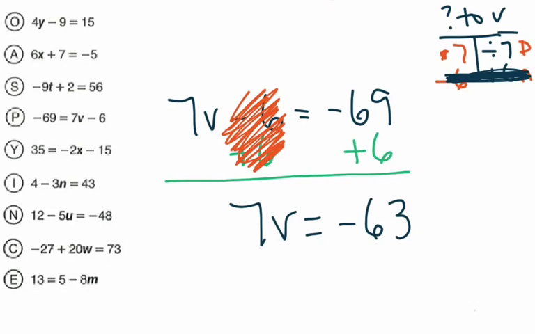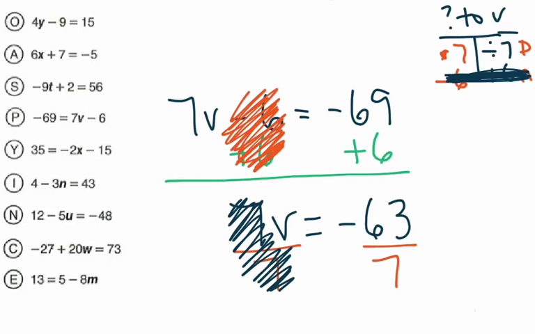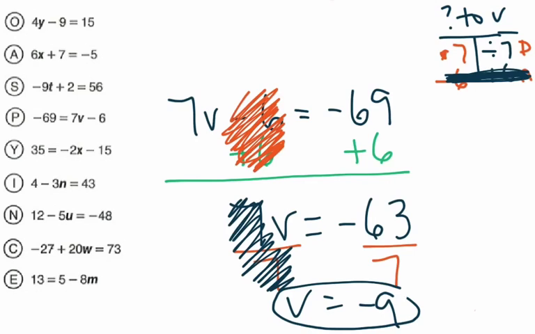Now I only have the 7 to deal with, and I need to divide by 7. These 7's go away, and I get v equals -9. So hopefully you got v equals -9 for that problem.